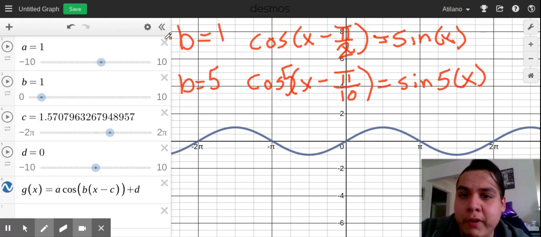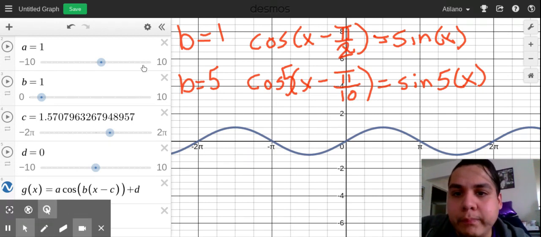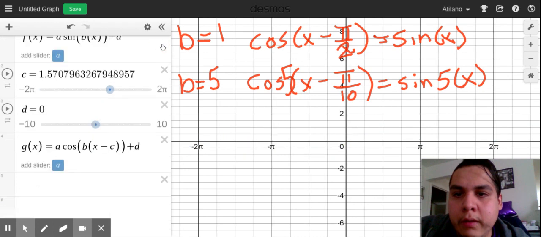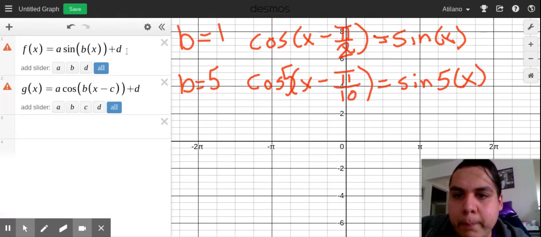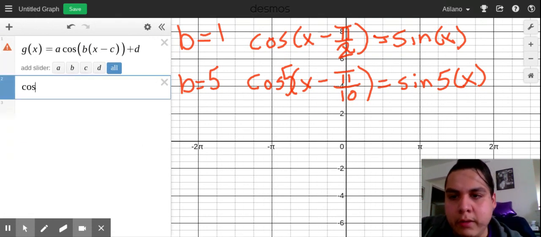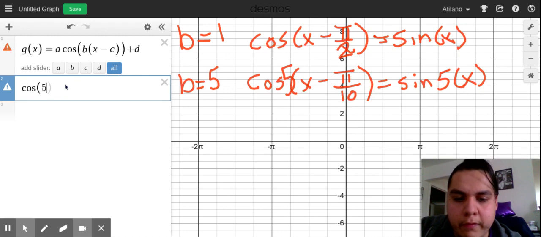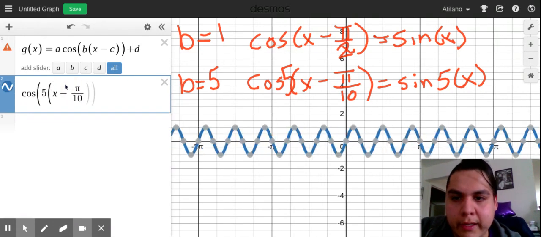Right? So I'm going to get rid of all these sliders because the sliders don't count by pi over 10. All right. So I'm saying cosine of 5x minus pi divided by 10.